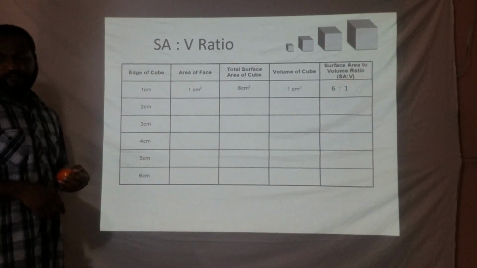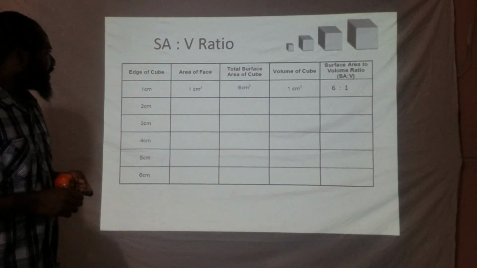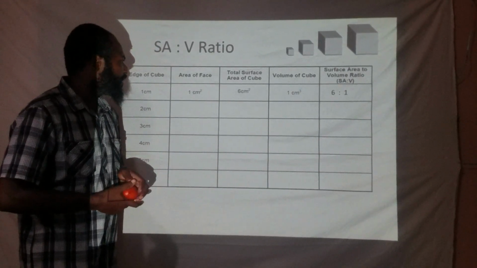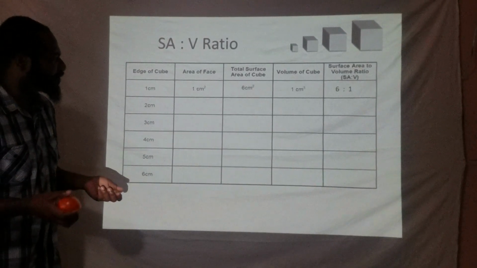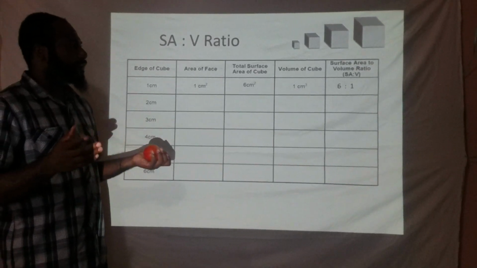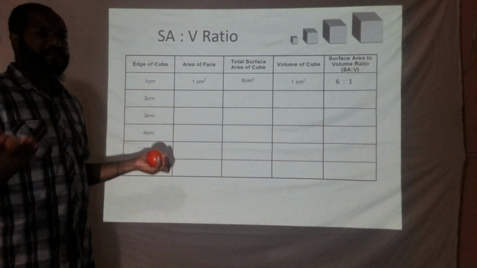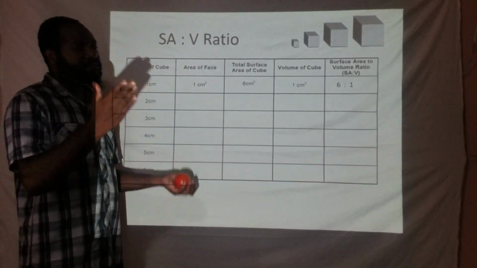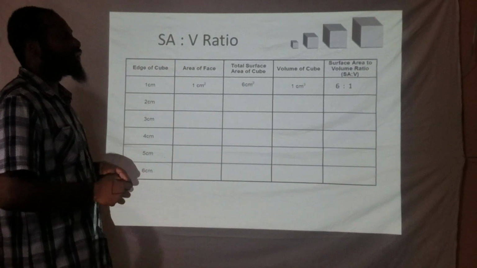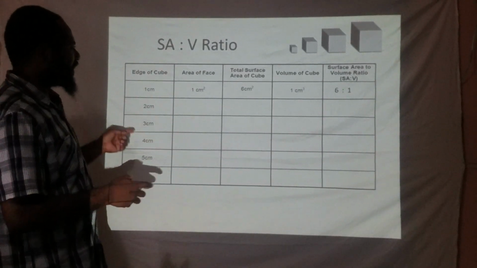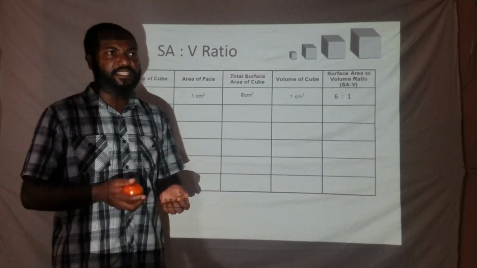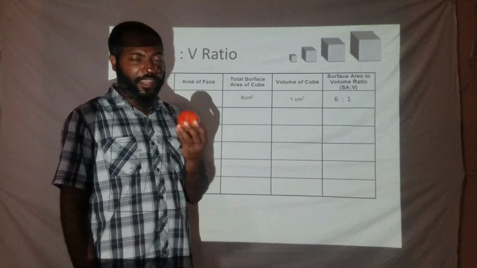Now, if an organism is small, a 1 centimeter cube, it has a surface area of 1 centimeter square, then the surface area to volume ratio will be very small, and it will be leaning in the direction of the surface area. So it will have 6 faces, so it will have a lot more space around it rather than the volume inside it.